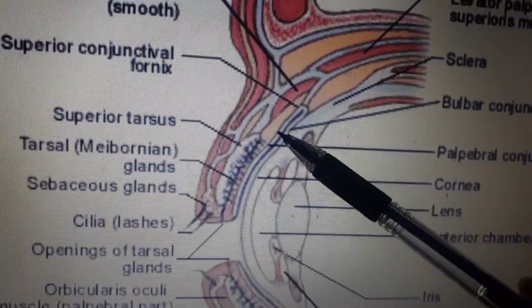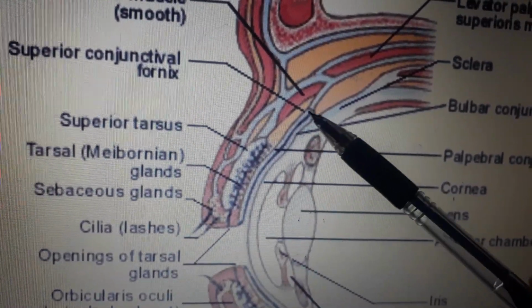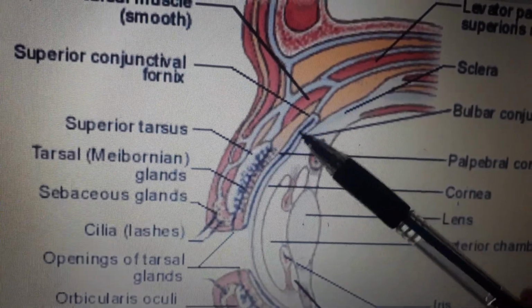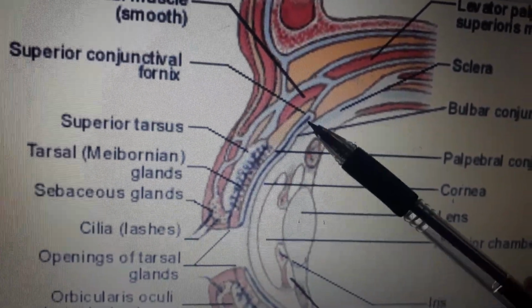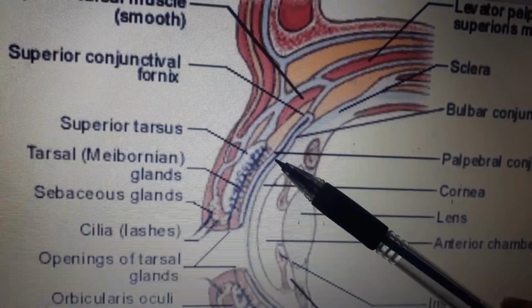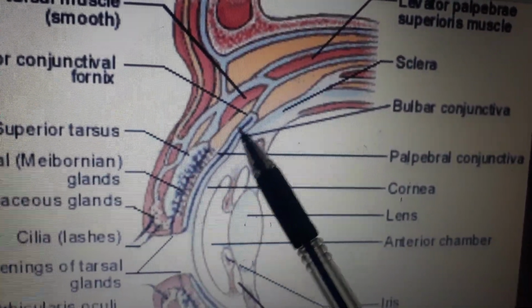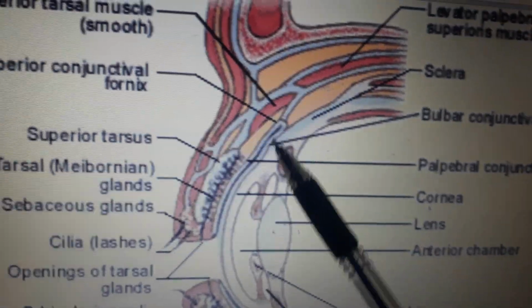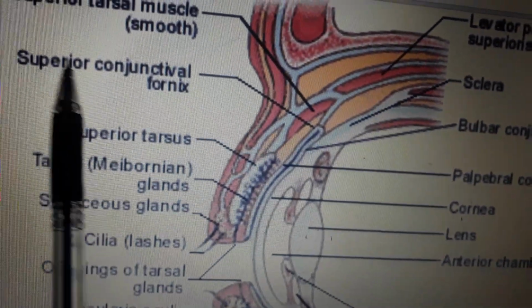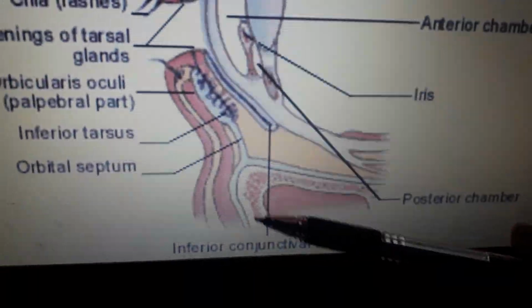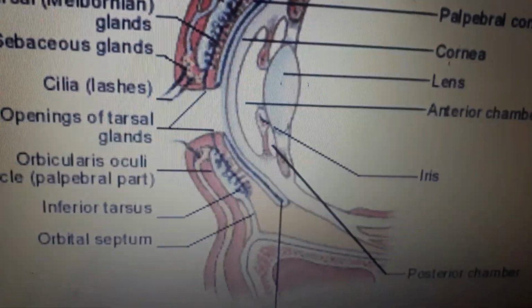It is continuous with the conjunctiva over the sclera, the bulbar conjunctiva, and the junction of the bulbar conjunctiva and palpebral conjunctiva forms the fornix: the superior conjunctival fornix in the upper lid and the inferior conjunctival fornix in the lower lid.